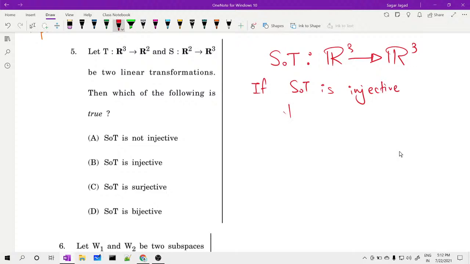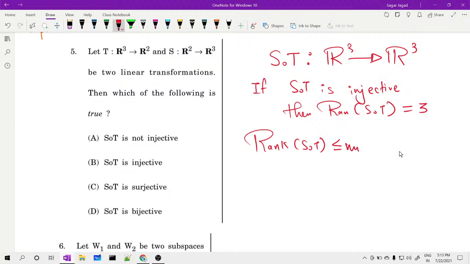So if it is injective, then the rank of S composite T should be equal to 3. But we know that the rank of S composite T is less than or equal to the minimum of rank of S and rank of T. Correct. So it cannot exceed either of them.